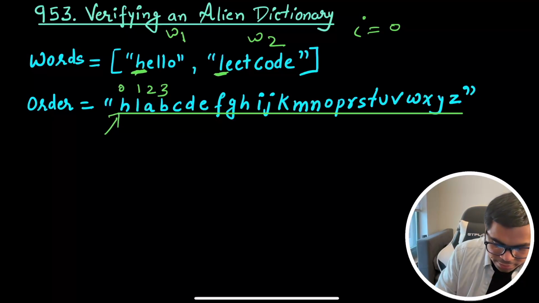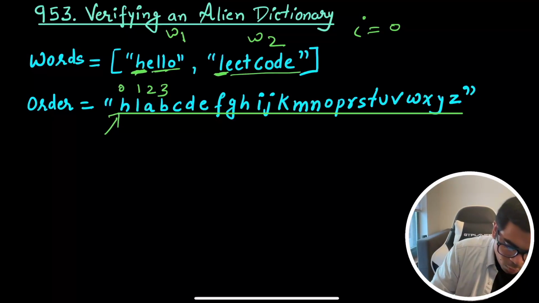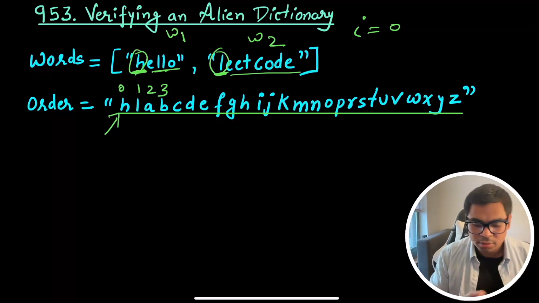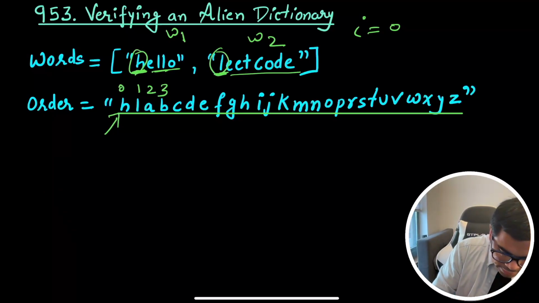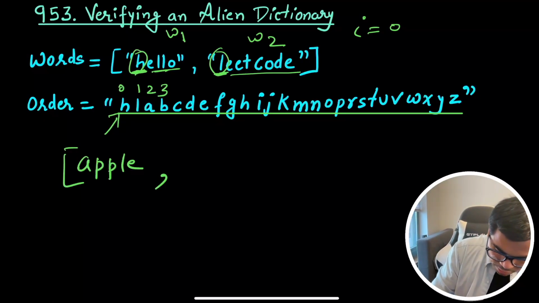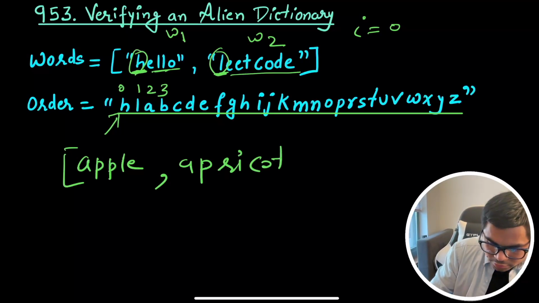And once you compare this, you don't care about all of the remaining letters, because you only compare the first differing character. For example, let's say I was comparing apple as my first word and apricot as my second word.